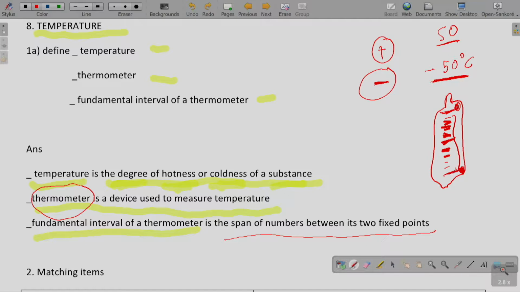Let's say the two fixed points are 0 and 100 degrees centigrade, not Celsius. The fundamental interval of a thermometer is the span of numbers between its two fixed points.